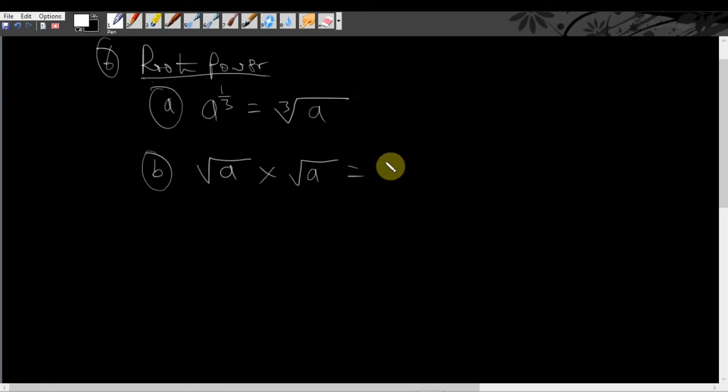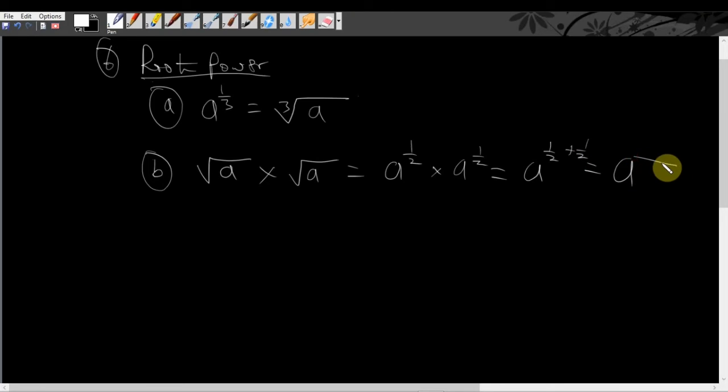Since this law teaches you that a to the power 1 over 3 is the cube root, this one can be a to the power 1 over 2, because the square root becomes 1 over 2, multiplied by the same thing, a to the power 1 over 2. This becomes multiplication. You can simply solve it: pick one base, add the powers, 1 over 2 plus 1 over 2.